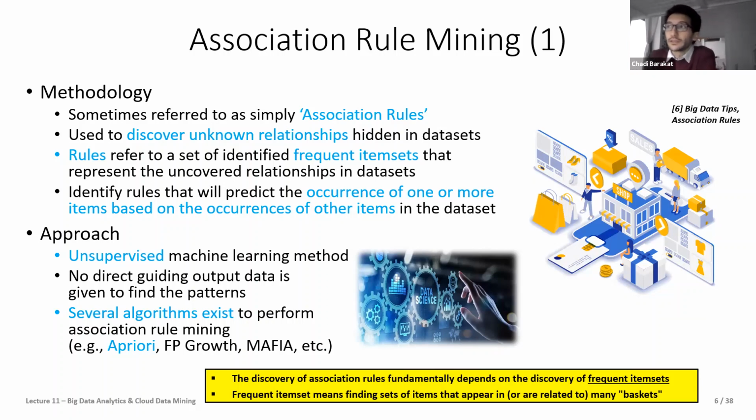And to do this, it's a set of algorithms, sometimes done by people and sometimes done by computers, to uncover unknown relationships between one product and another, one product and a bunch of other products, or a bunch of products and a single product. To do this, the rules are created based on a number of frequent item sets, and these highlight these uncovered relationships within a specific data set.